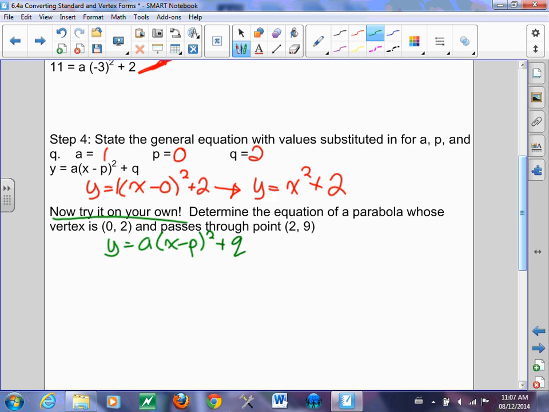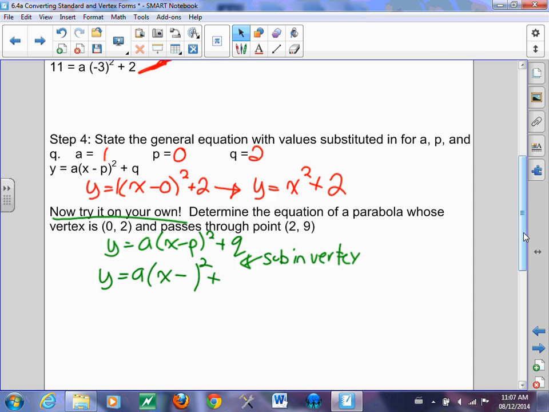Okay, step 1, folks, is to sub in the vertex. So sub in vertex. Okay, so our vertex in the given question was p equals 0, so you're going to put 0 down, and q equals 2. You can choose to simplify here first, or you can sub in after.